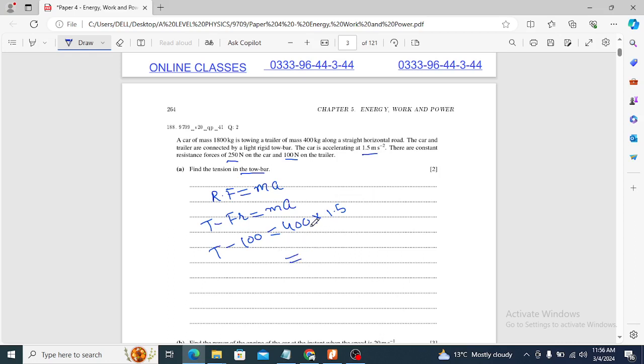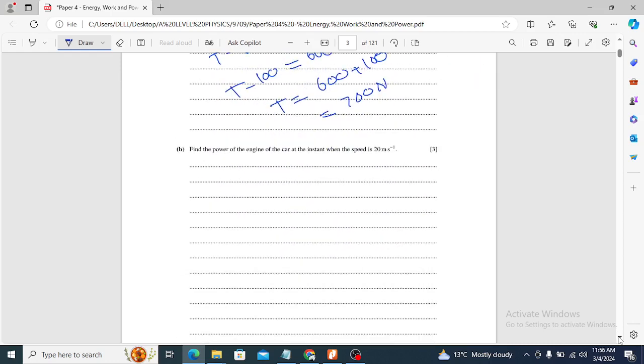Multiplying 400 with 1.5 gives 600, so tension minus 100 equals 600, and tension equals 600 plus 100, giving 700 Newton. This is the final answer for the tension in the tow bar.